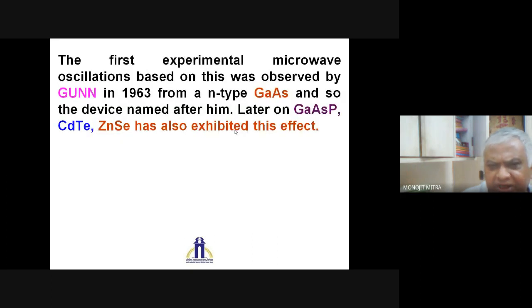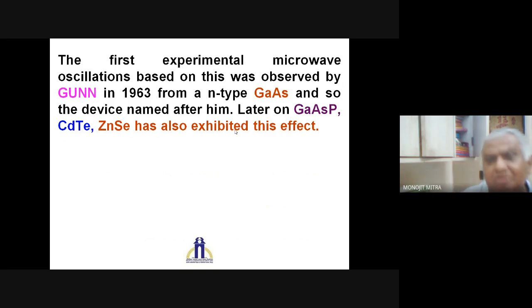But it is not that the Gunn diode can be realized from all compound semiconductors. Gunn realized the diode only from one semiconductor material, gallium arsenide.